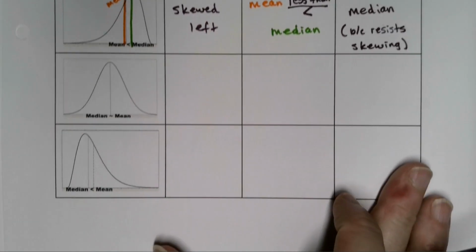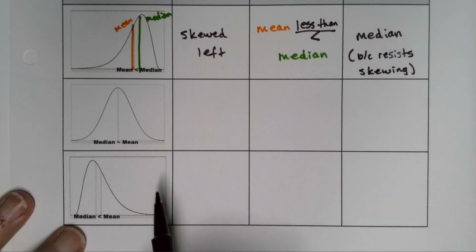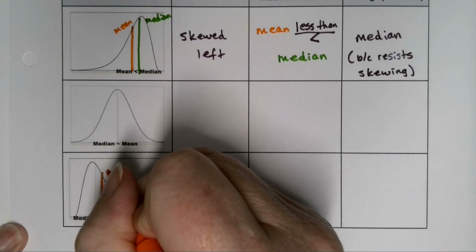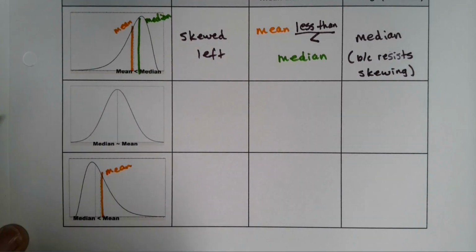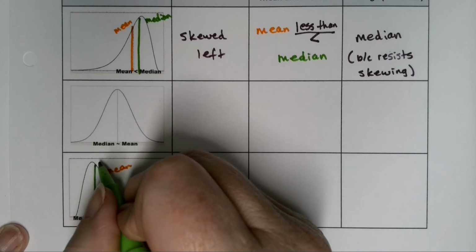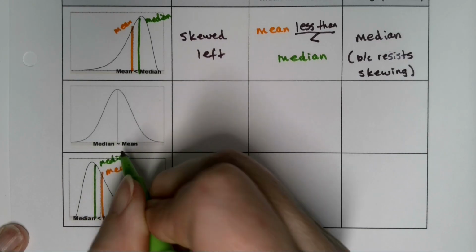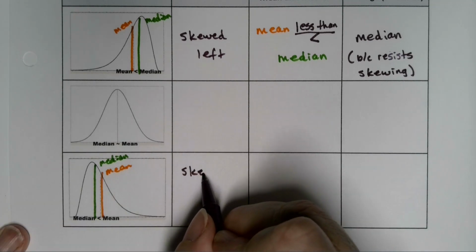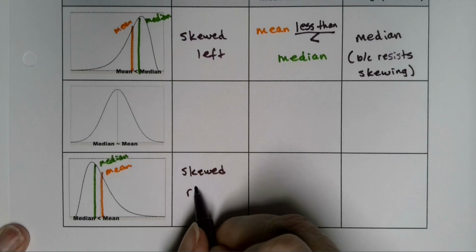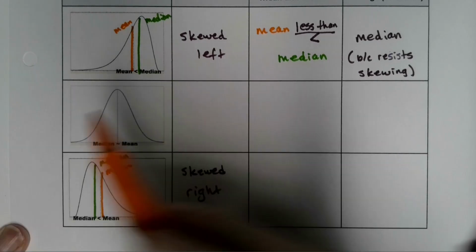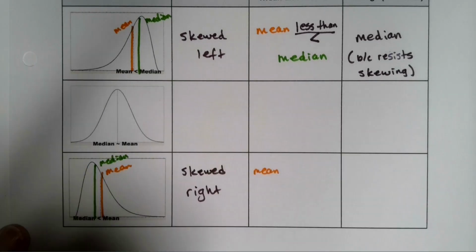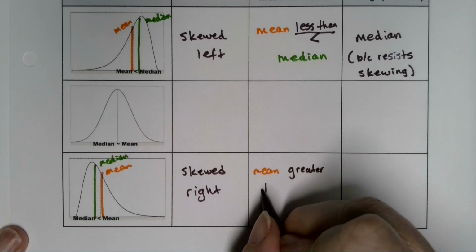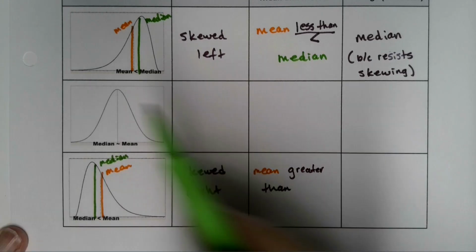Okay, let's jump to the bottom actually. What if it's skewed right? Well, if it's skewed right, the mean will be pulled over here. This is the mean. The median will be right here. The mean gets pulled towards the tail. So this is skewed right. The tail is what makes it skewed. So the mean is greater than the median.